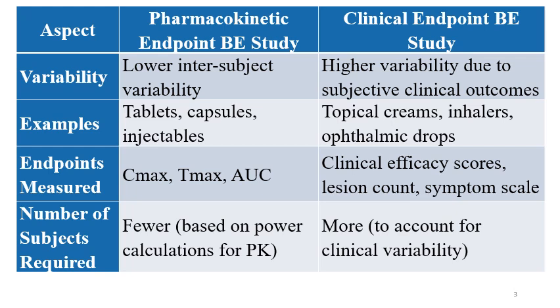In the PK study, the number of subjects is fewer, based on power calculations for the pharmacokinetics of the drug, while in clinical studies the number of subjects is more. This is because in a clinical endpoint study, more subjects are required to be recruited to account for the clinical variability.